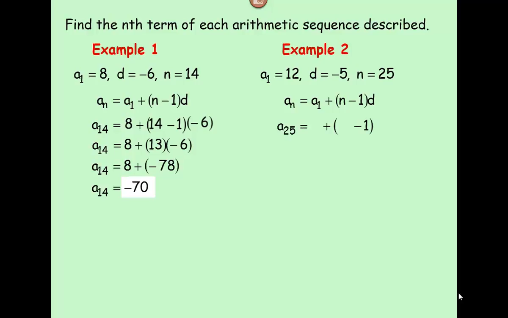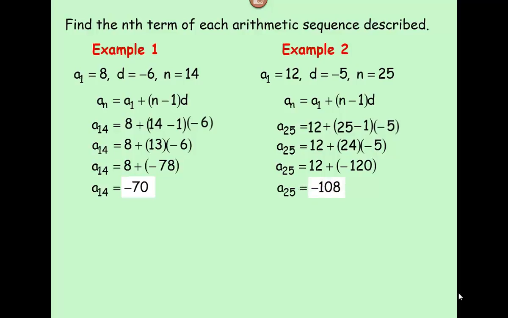So substitute a sub 25 equals 12 plus the quantity of 25 minus 1 times negative 5. Go ahead and do your math. 25 minus 1, 24 times negative 5, and finally 12 plus negative 120. We get a sub 25 equals negative 108.